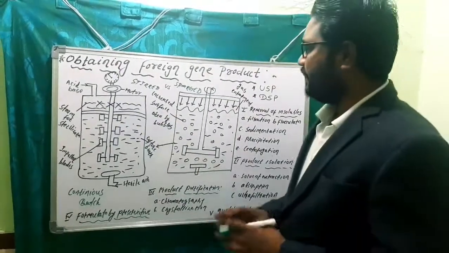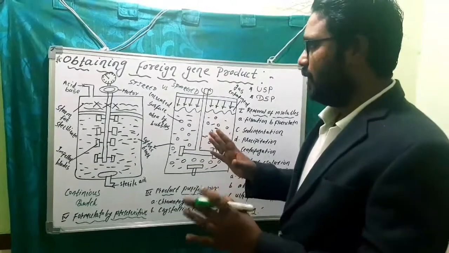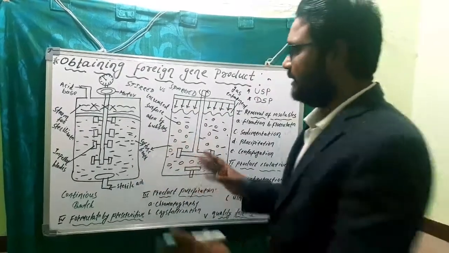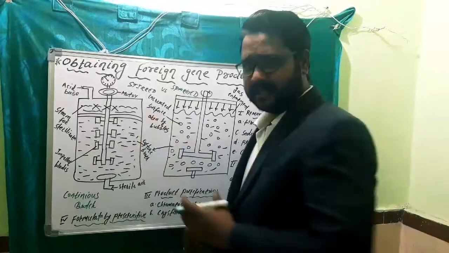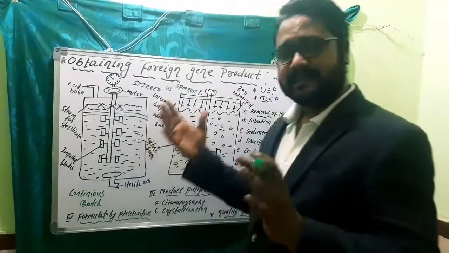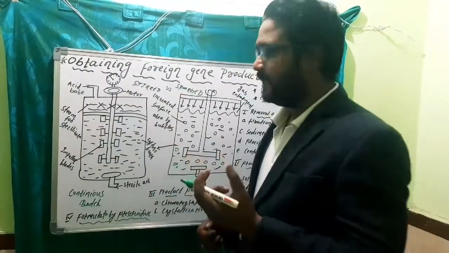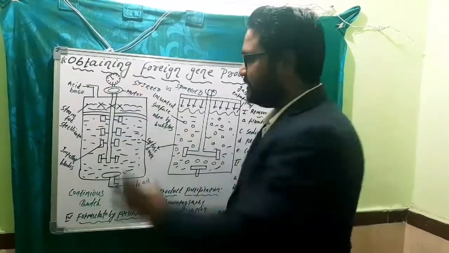Okay. In general, how does this function? How is the product being produced? Before going deep into that, let us understand its architecture. Basically it is a cylindrical vat-like structure made up of stainless steel. Now what does it consist of? See here, it is a motor which runs on electric current, and it is basically the agitation system of this bioreactor.